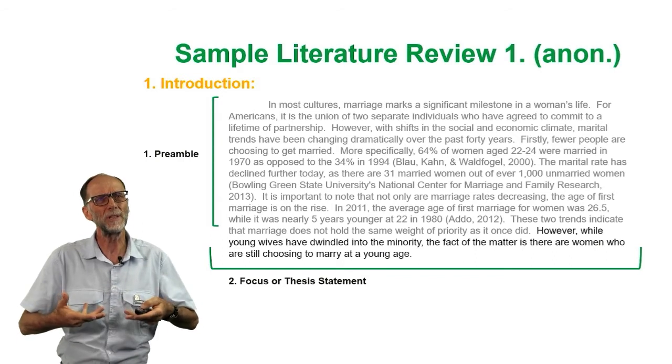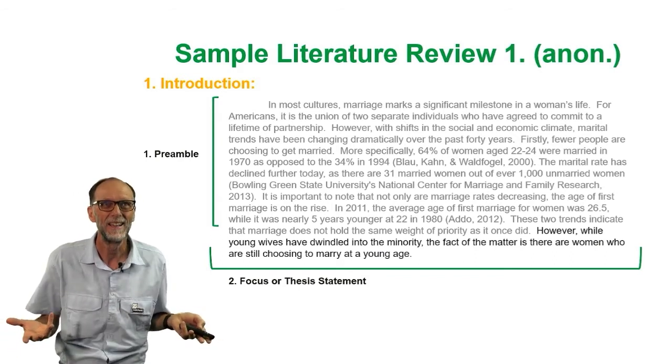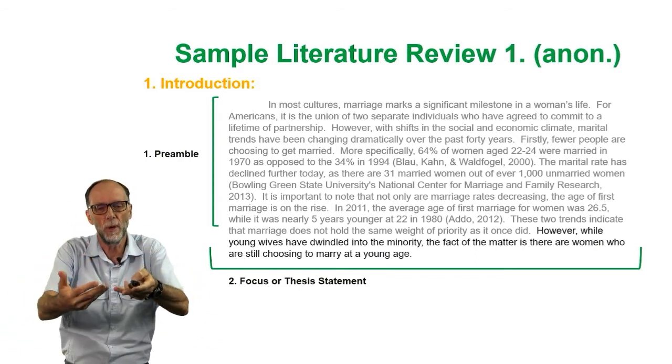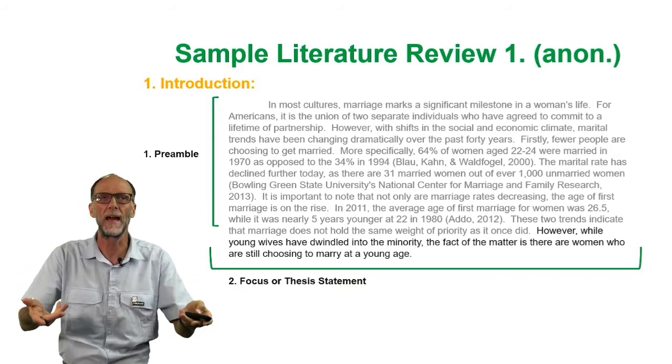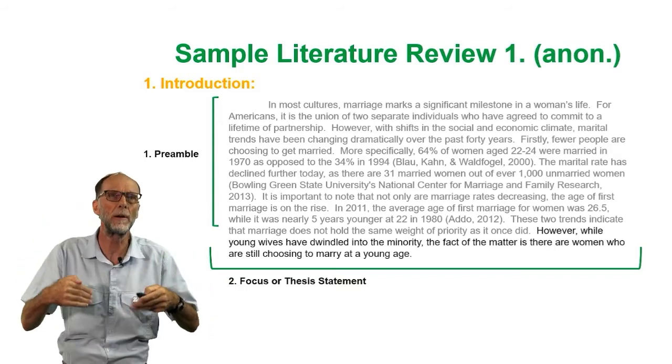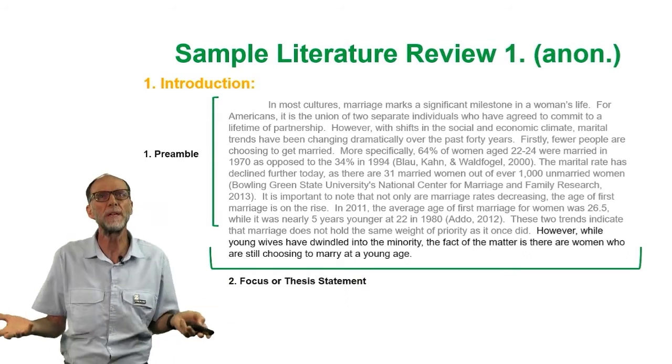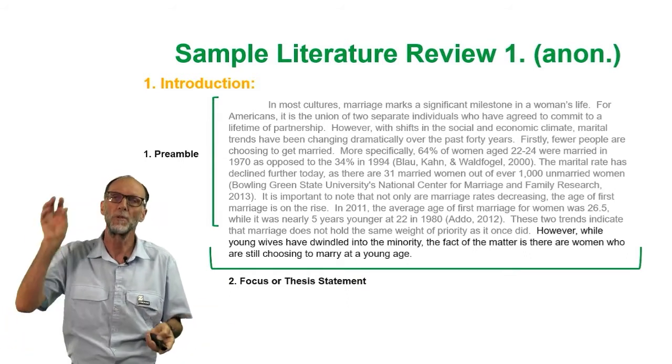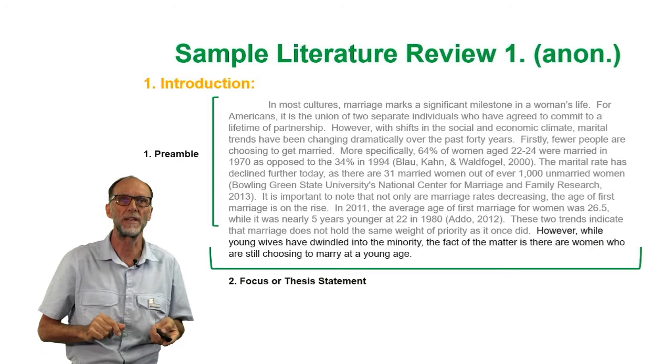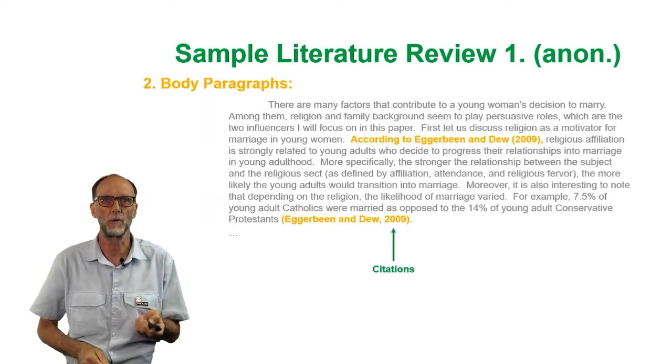That brings up the question, well, why? If we've educated these women over the years, over the decades, and yet they're still marrying young, there must be reasons for it. So that's the focus here. You must give a clear focus.